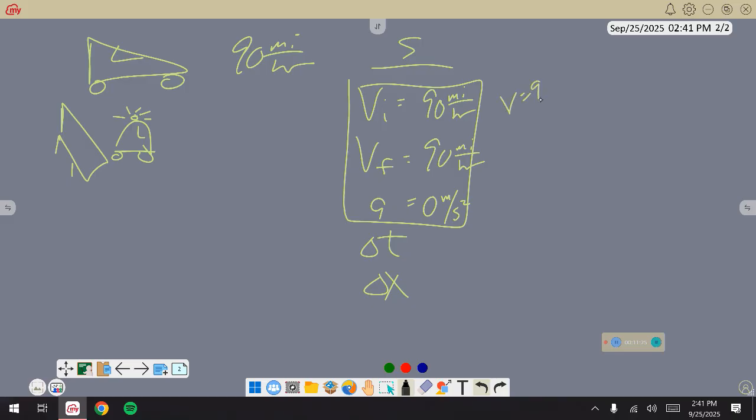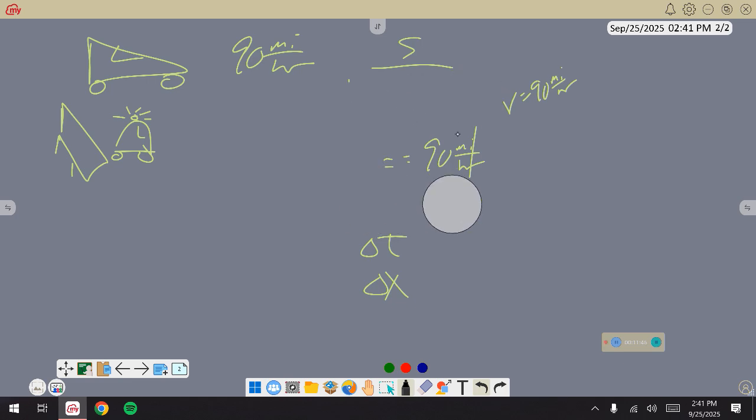The velocity is a constant 90 miles an hour. Do I have 3 pieces of information here? No, I have 1. So if you want to do this, it's fine. It can be nice because that means you can always start the exact same setup always. I just want to make sure that you understand that me personally, I would probably just do this.